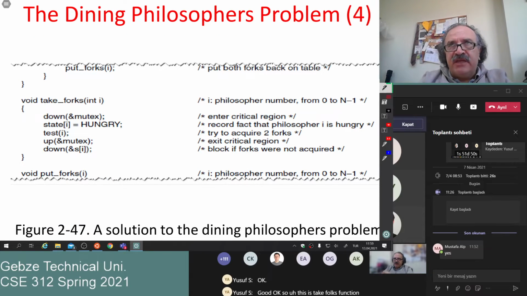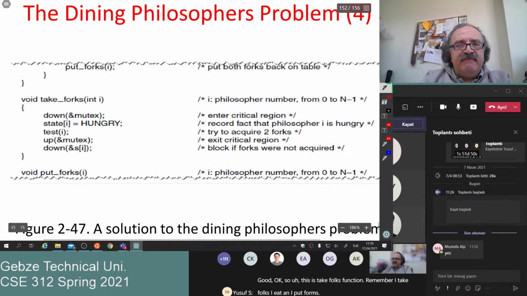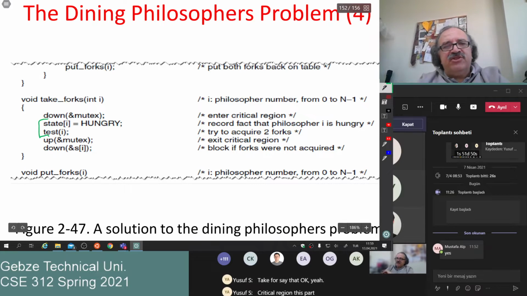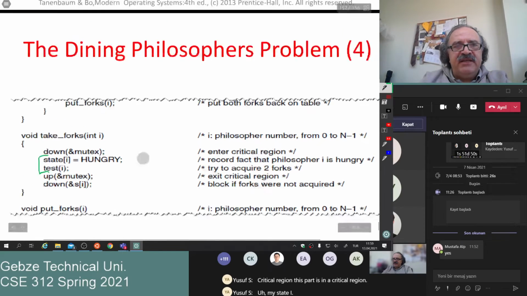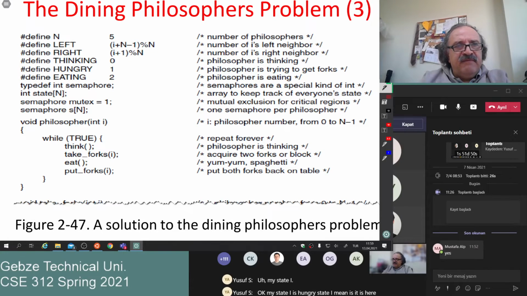Remember, I take forks, I eat, and I put forks. Take forks says that, okay, I'm in a critical region. This part is in a critical region. My state I is hungry. State I is here.